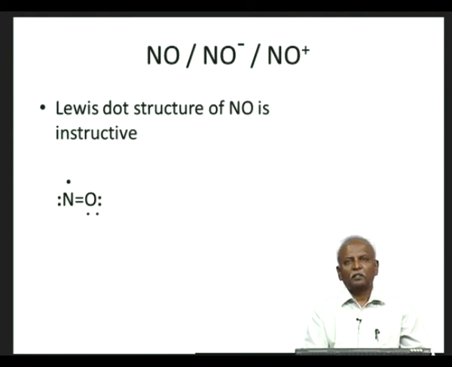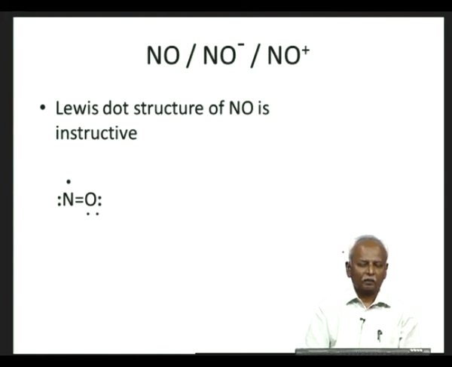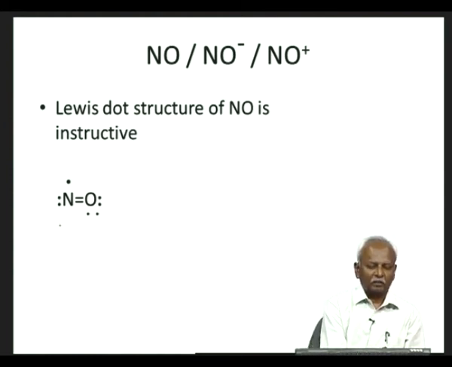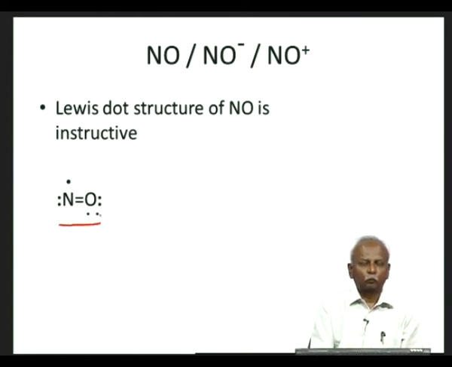First of all, it is instructive to look at the Lewis dot structure of NO. If we look at the Lewis dot structure, we find that there are 2 lone pairs on oxygen, a pair of electrons on the nitrogen and a single electron on the nitrogen as well. This is the best Lewis structure, the closest that we can get to the octet on both atoms.